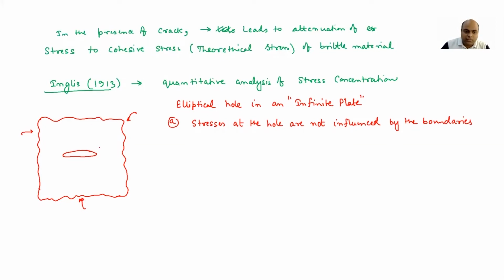So whatever stresses you are going to observe, say in this region, they will not be affected by the boundaries. That is point number one. And second, the dimension of the hole is much, much smaller than the dimension of your plate. And the dimension of the plate we can denote in terms of width, right? So the hole is much smaller than the plate width.